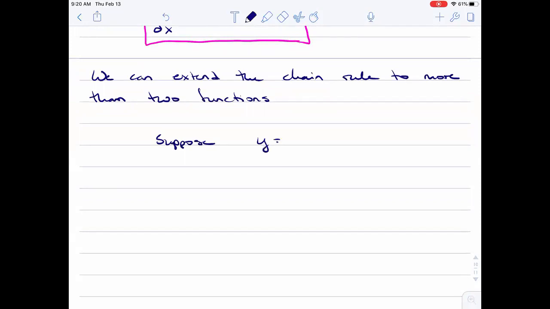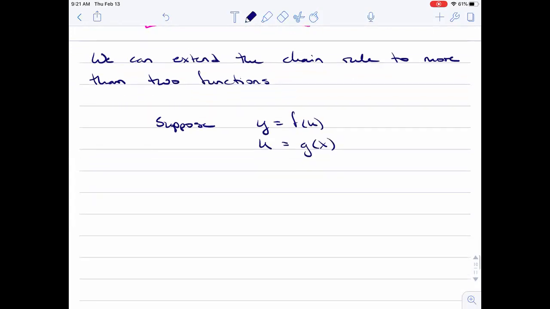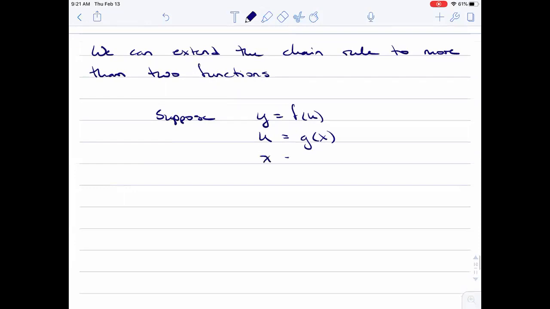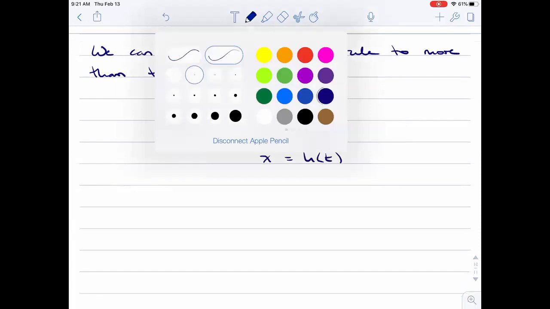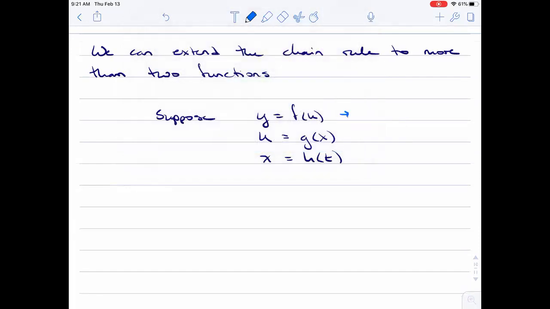Suppose that y is a function of u, f of u, and u is a function of x, g of x, and x is a function of t, h of t.